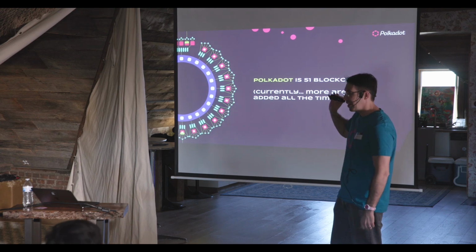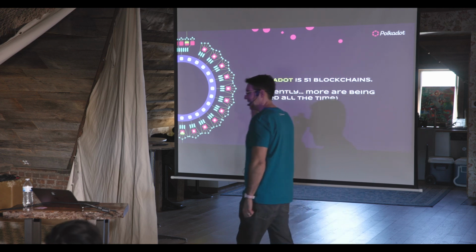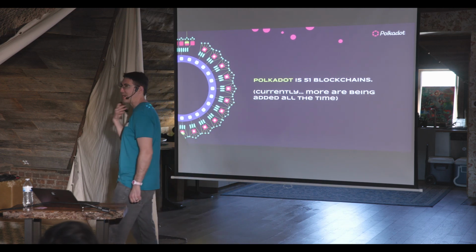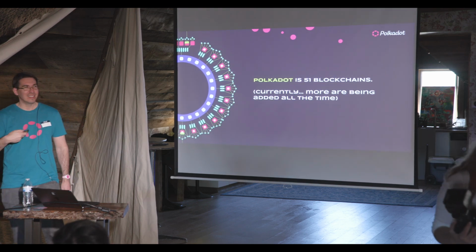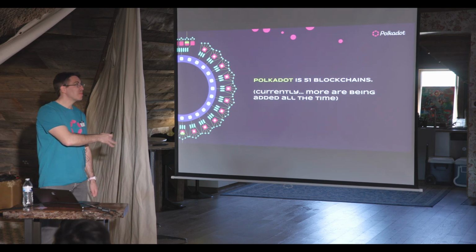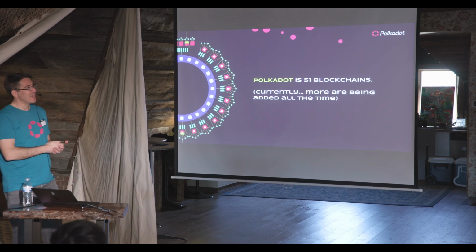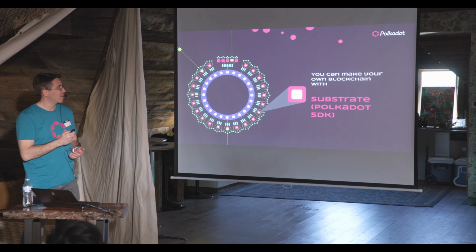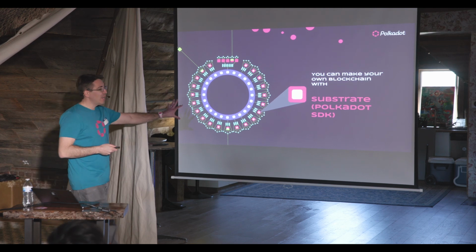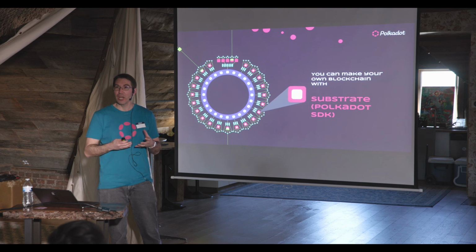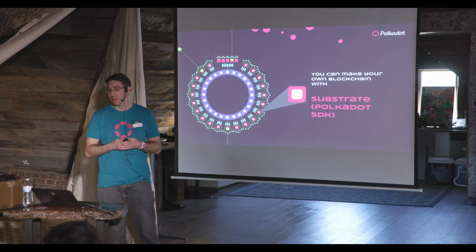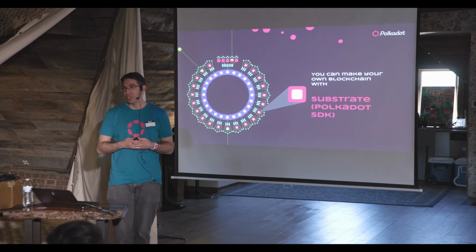Polkadot is, as the title of my next lecture this afternoon will be, more than a blockchain. It is actually right now 51 blockchains, and more are being added all of the time. We have a relay chain, which is essentially the connecting chain for all of these other chains, and it provides security as well as currently some interoperability between the chains.